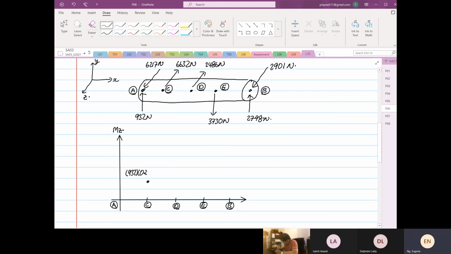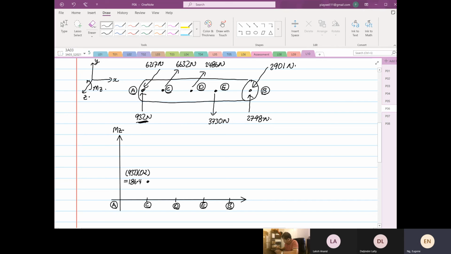At point D, we're still using the 932, because the 932 is causing the moment in the Z direction. So if you ask me what is the moment in the Z direction, this is the moment in the Z direction.